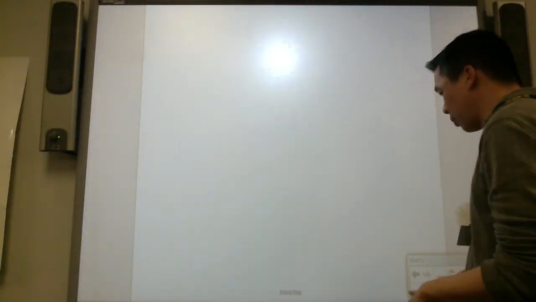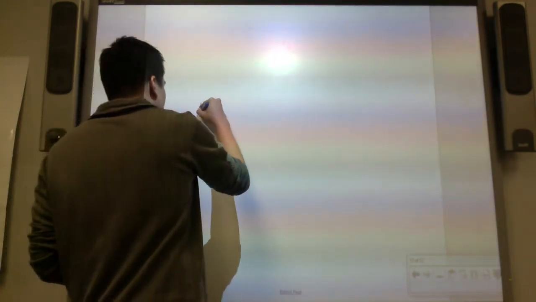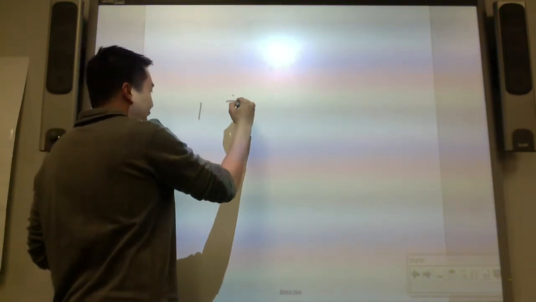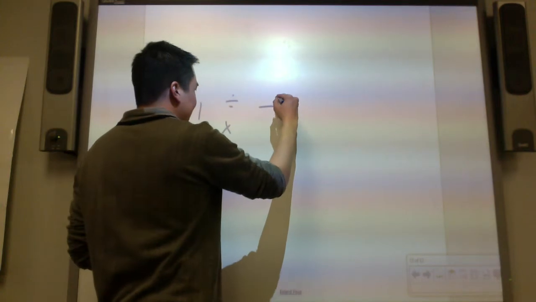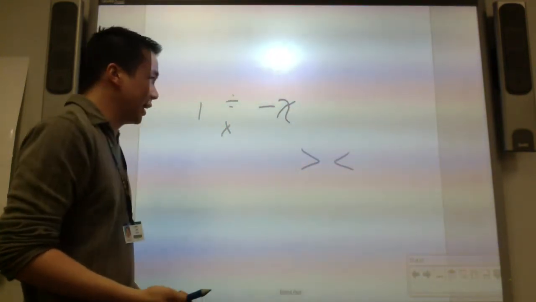So the main thing I want to talk about with this one is if you are dividing or multiplying by a negative number, you will have to flip-flop the sign.